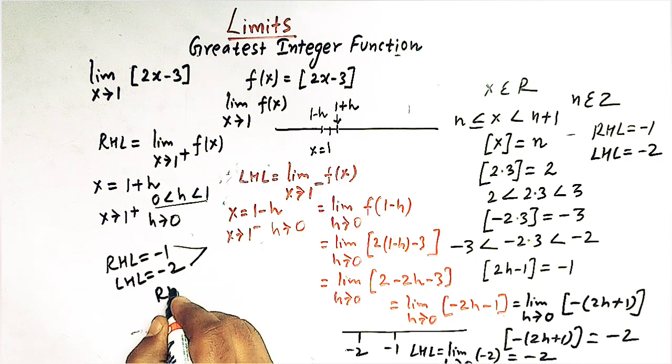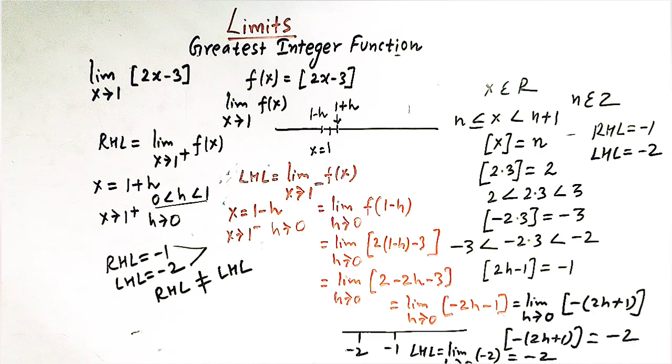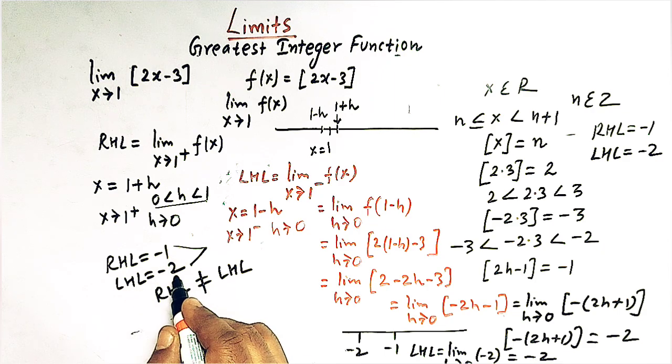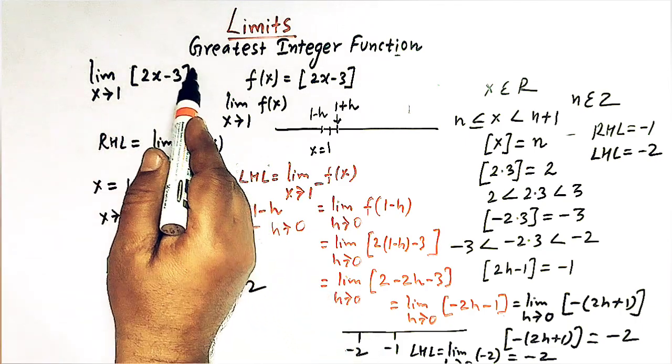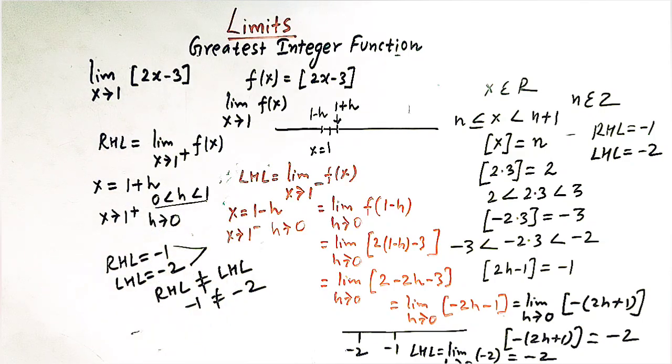So this implies that the right hand limit is not equal to the left hand limit, because for the existence of the limit of a function, the right hand limit should be equal to the left hand limit. But in this case, the right hand limit is minus 1 and the left hand limit is minus 2, and minus 1 is not equal to minus 2. So we can safely claim that the limit of this function when x approaches 1 does not exist.